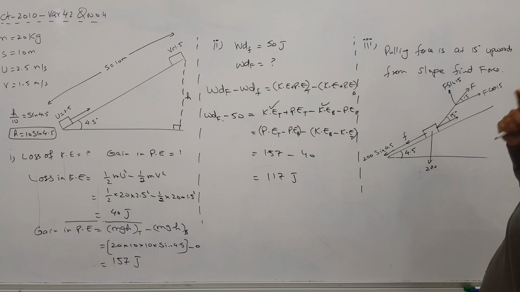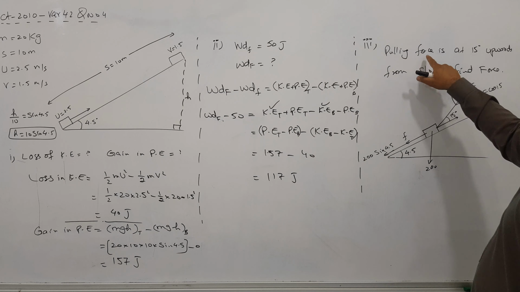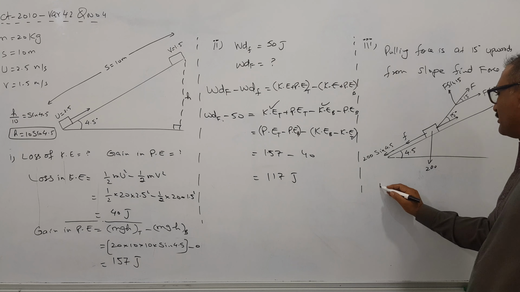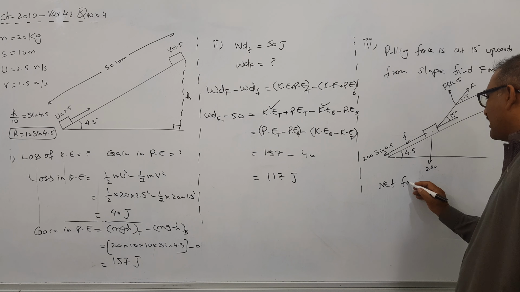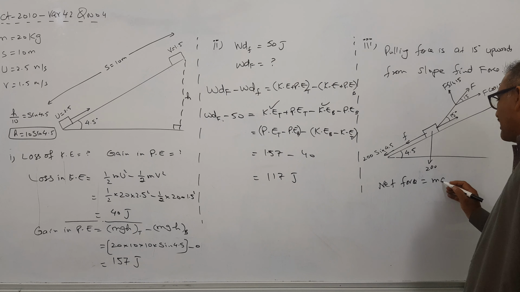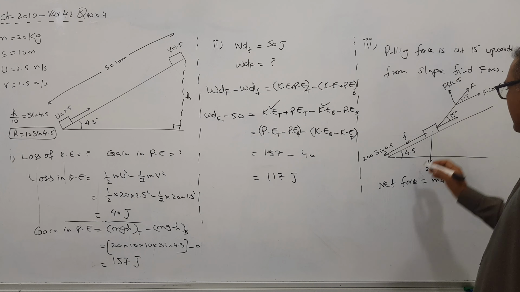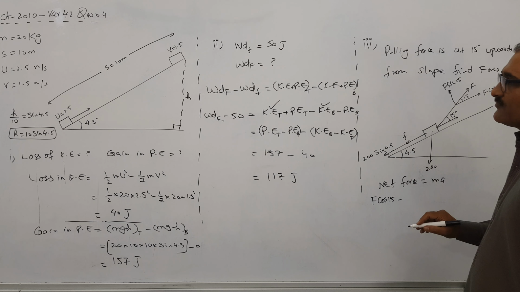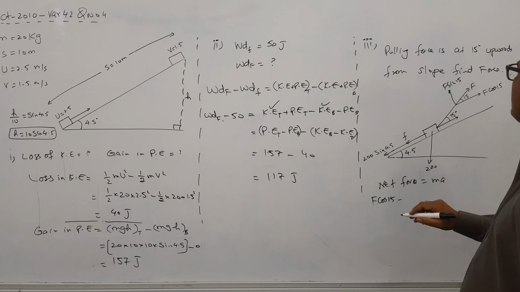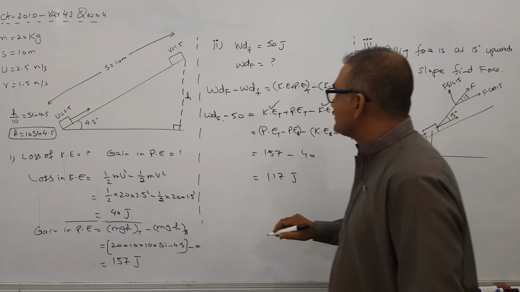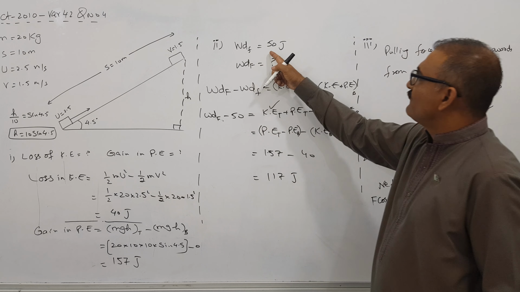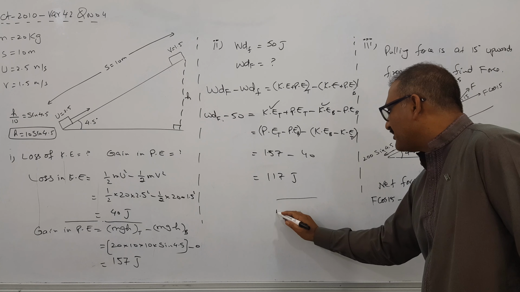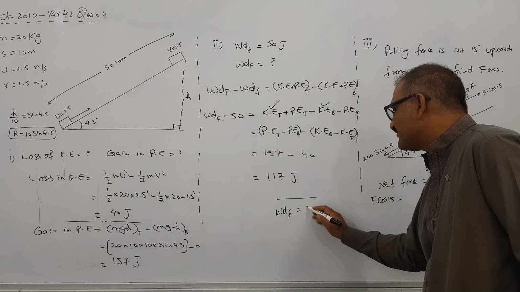We need the pulling force, so we use Newton's law. What is the formula? Net force equals m a. So we have F cos 15 minus the friction force. The friction force we can get from the work done by friction force, which is 50 joules.